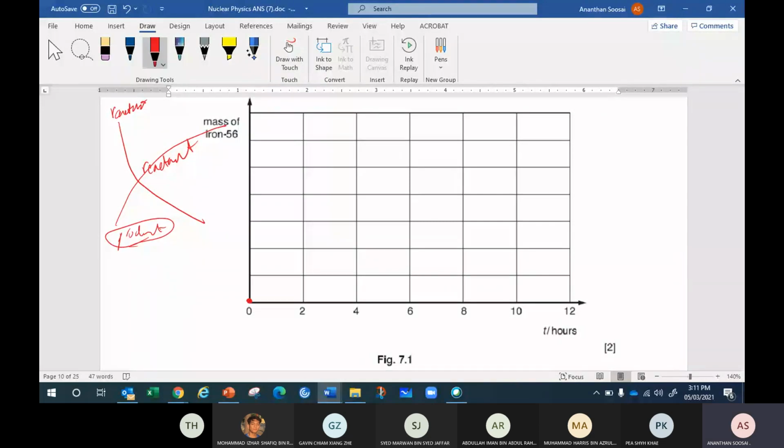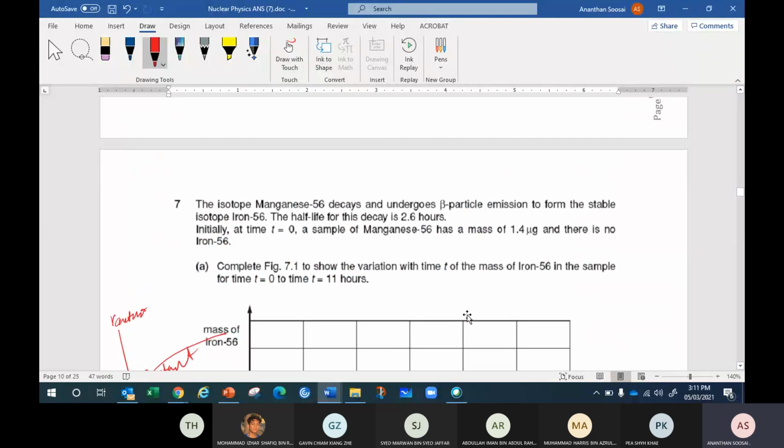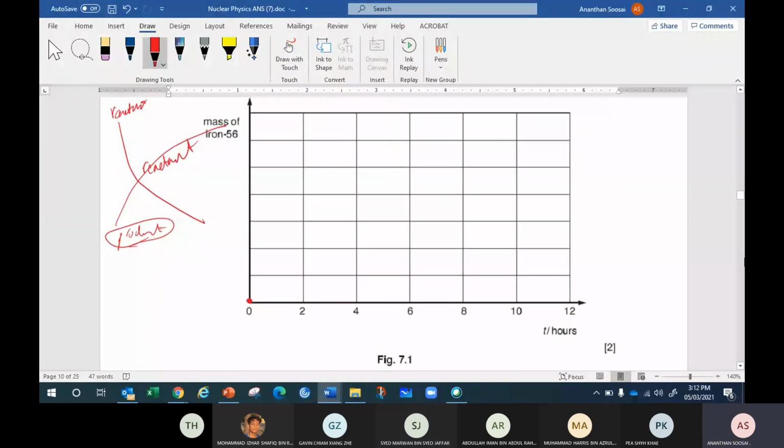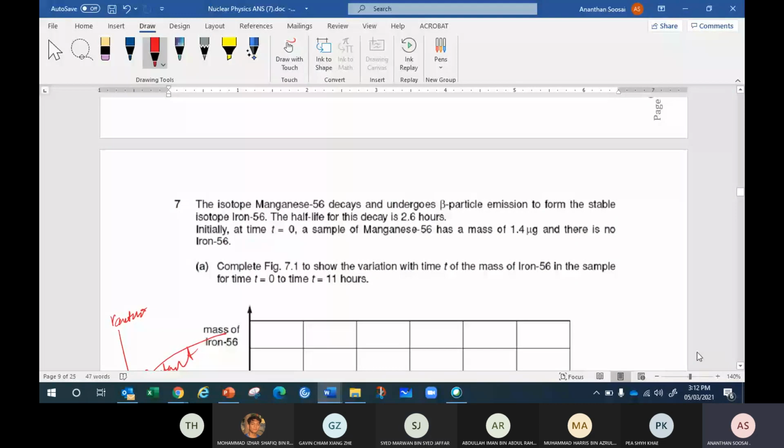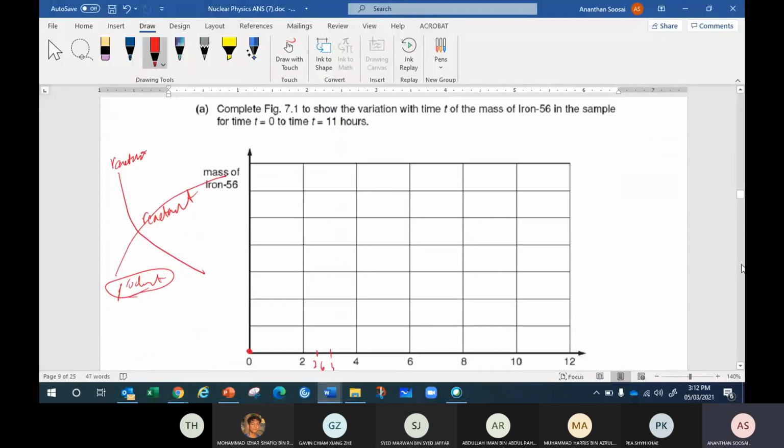Start from 0. So how do you draw? The graph should go up, but be careful. They give numbers, so you have to mark carefully. What is the half-life? Half-life is 2.6 hours, so 2.6 is somewhere here. How much is the mass at the beginning? Mass of iron is 1.4 microgram.